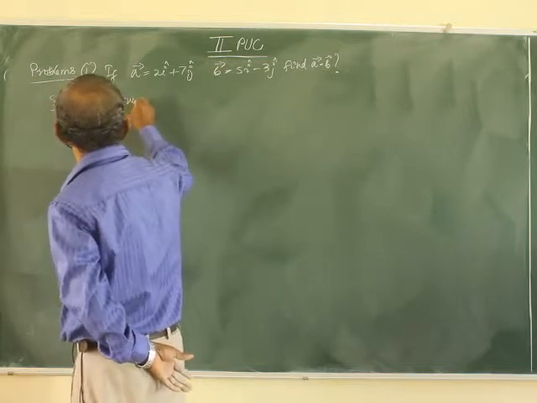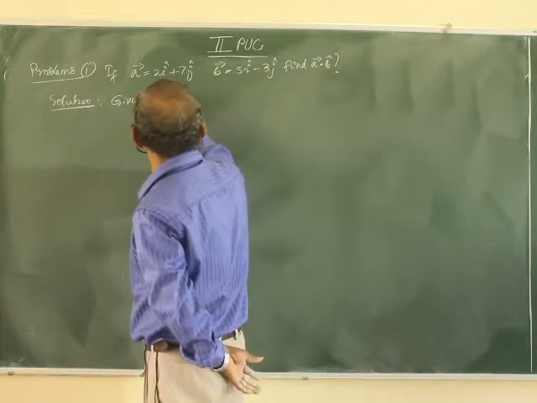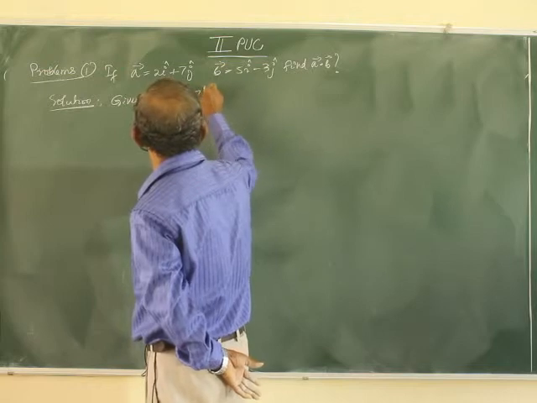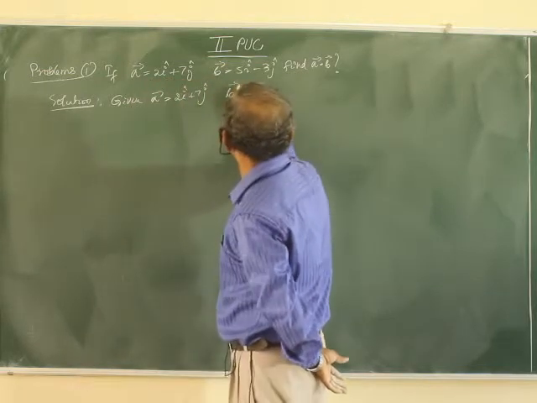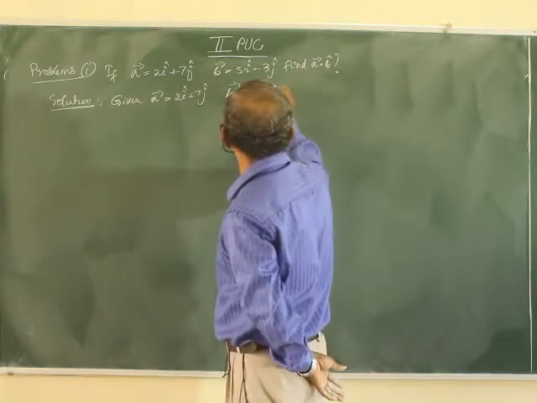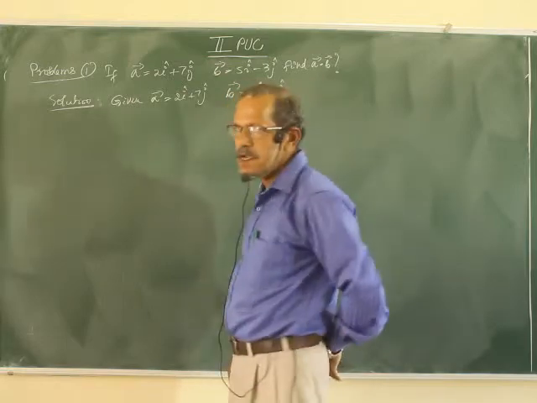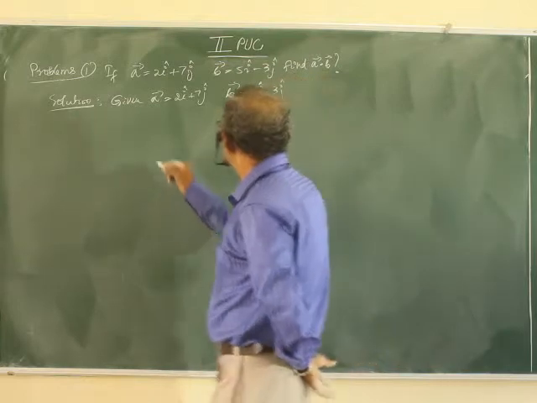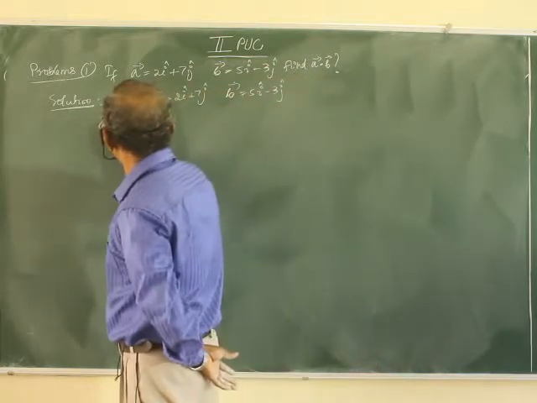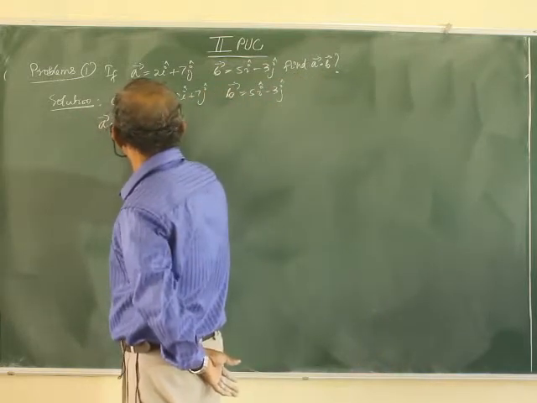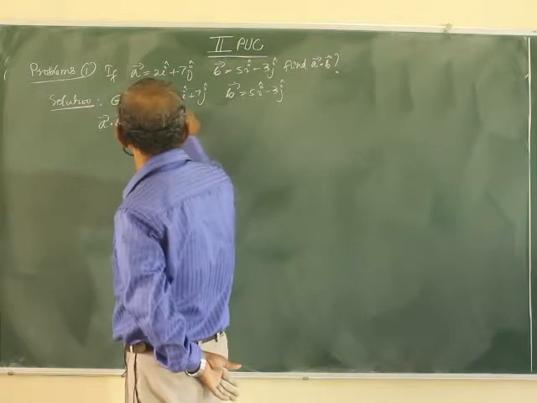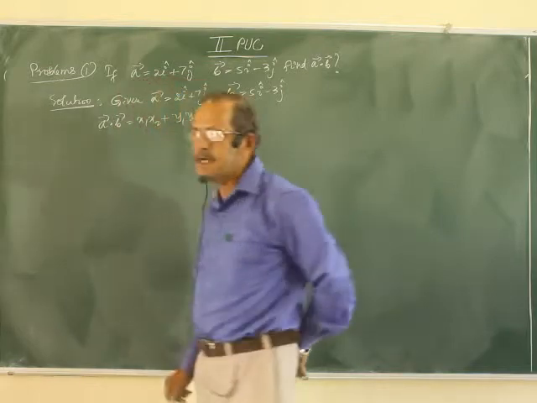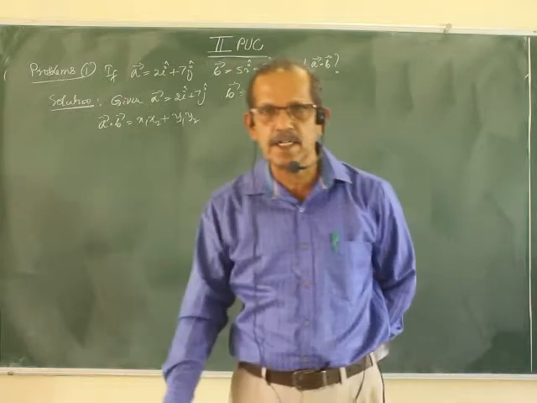Given A equal to 2i plus 7j, B equal to 5i minus 3j. Two-dimensional vector, whatever it may be. A dot B equal to, let me write the formula first. Since it is two-dimensional, you need not write all the three.